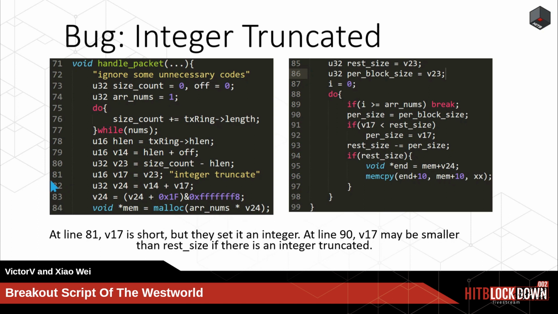At line 81, variable v17 is equal to variable v23, and v17 is a short, and v23 is an integer. So there is an integer truncation problem.